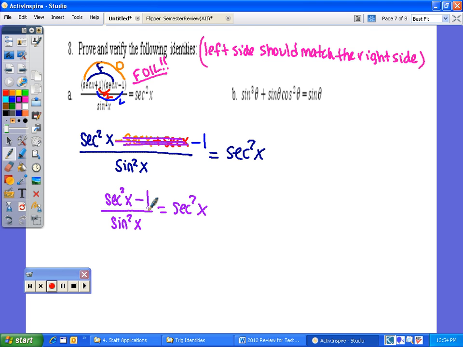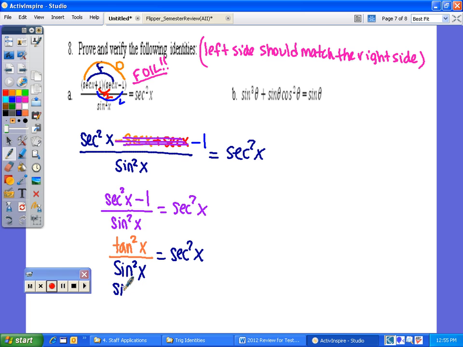Now we're not going to cross multiply, we're not going to do any of that. All we're going to do is keep breaking down this side so it matches this side. So I know that this is an identity, okay? That's the identity of tangent squared. If you don't know that, look at the front of your review packet and you'll be able to see that identity. So now I'm going to break down tangent and break down sine to be a reciprocal.